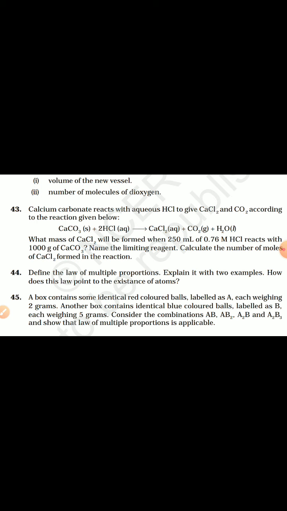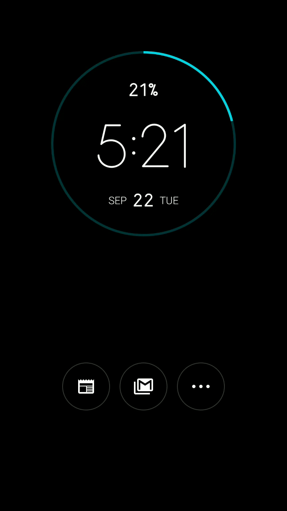Hence, for the reaction of 10 moles of calcium carbonate, 20 moles of HCl are required. So double the amount of HCl is required here. Okay. So 20 moles of HCl is required. But we have already 0.19, but we have already 0.